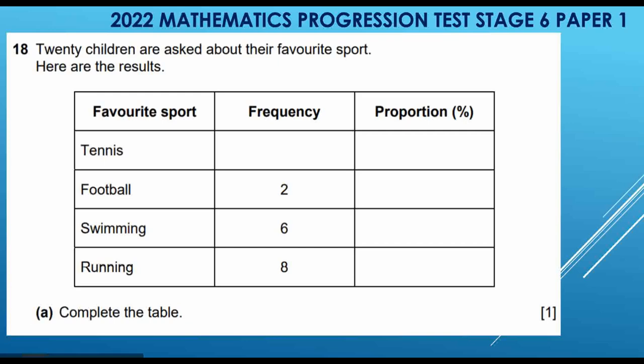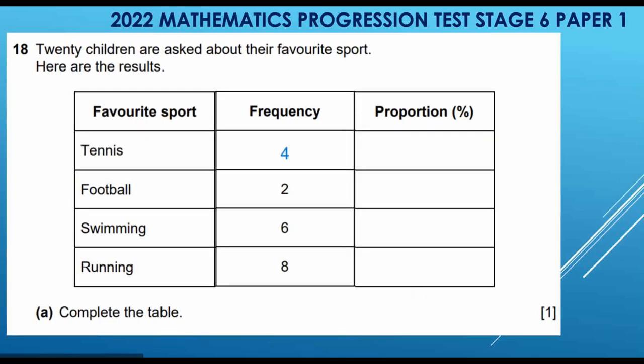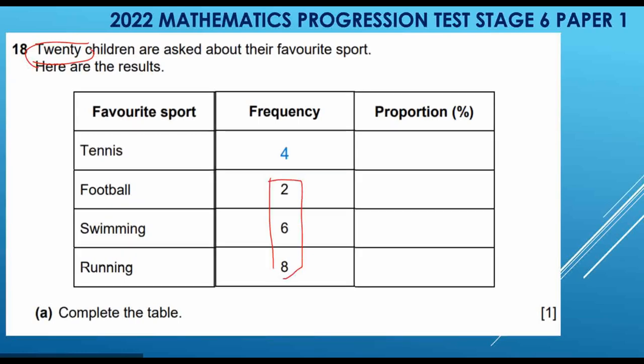So let's see the answer. Well, the answer is 4. It is how it works. So how do we get 4? We have 20 children, and we are already given 2, 6, and 8.